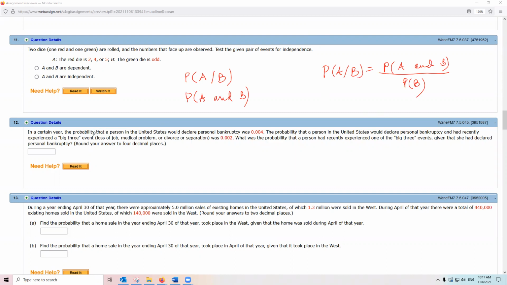So let's see here. It says, in a certain year, the probability that a person declares bankruptcy is 0.004. Okay. Then it says the probability that a person declares bankruptcy and, notice the word and, had a big 3 event is 0.002.